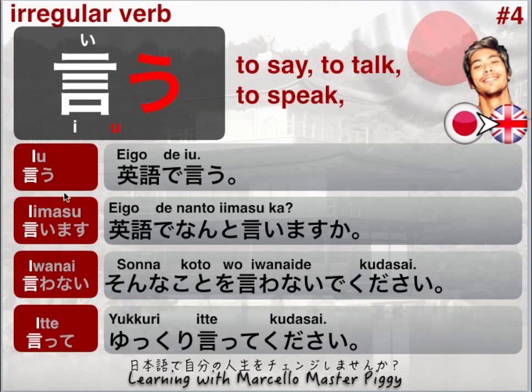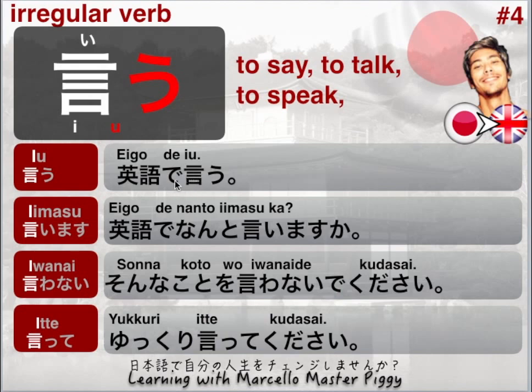Now, let's have a look at the dictionary form. So iu, right? The phrase is eigo de iu, to say in English. In the last video, I think it was written eigo wo hanasu, talk in English.